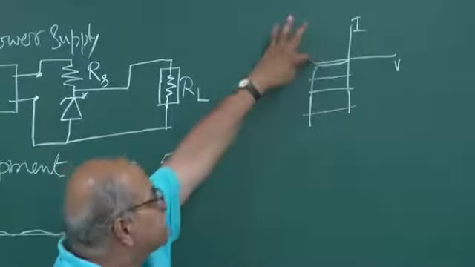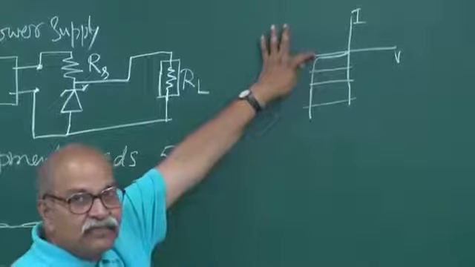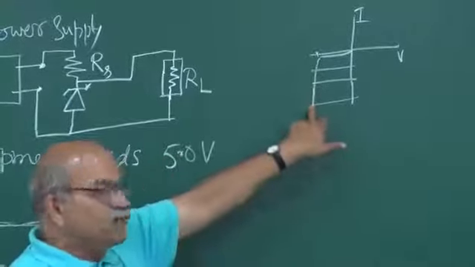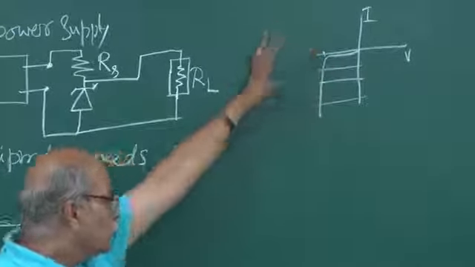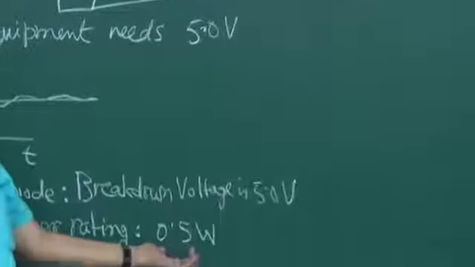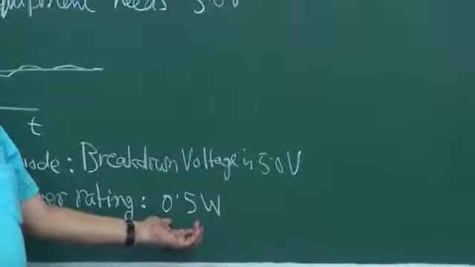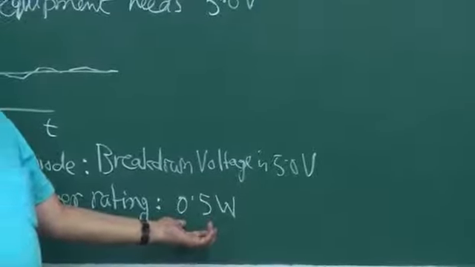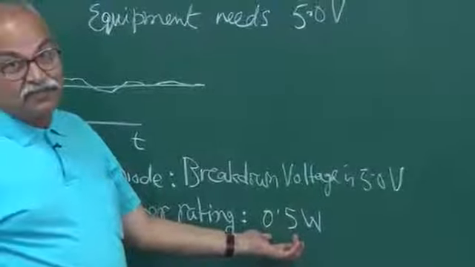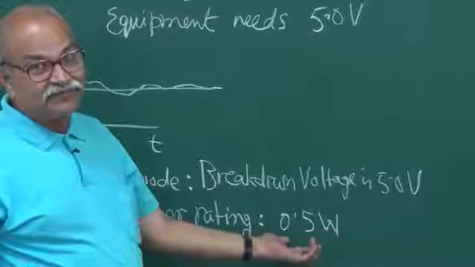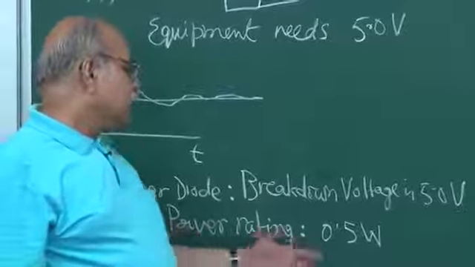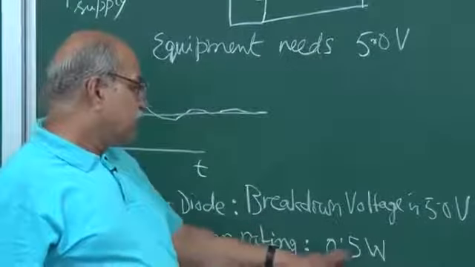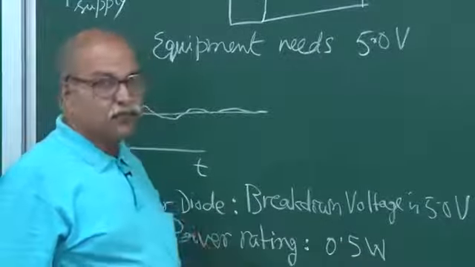But the voltage on the diode and the current through the diode, that product V into I should not be more than this power rating. If you send more current, you run into danger of destroying the Zener. So this is another specification, the power rating. Suppose for my Zener the power rating is 0.5 watt.